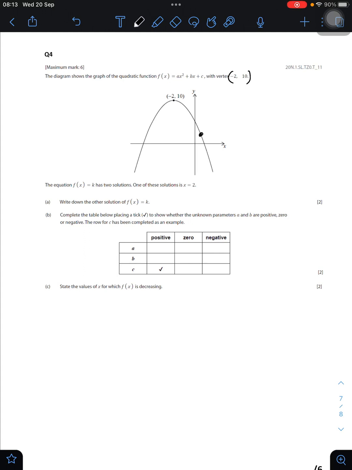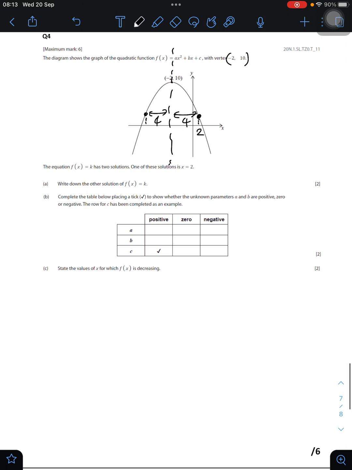So if we've got 2, let's say that 2 is somewhere here. We need a value here such that the distance between that and the distance between this and this are exactly the same. So the distance from minus 2 to plus 2 is 4. So therefore the distance between minus 2 and this other point needs to be 4.